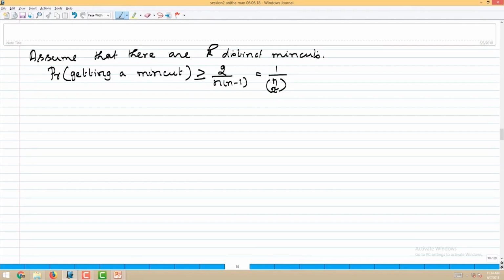Now, see what about these probabilities, the events: probability of producing one min cut, probability of producing another min cut, etc. They are disjoint events. Okay. So, the summation of probability of producing, sigma i equal to 1 to k, min cuts is at most 1.